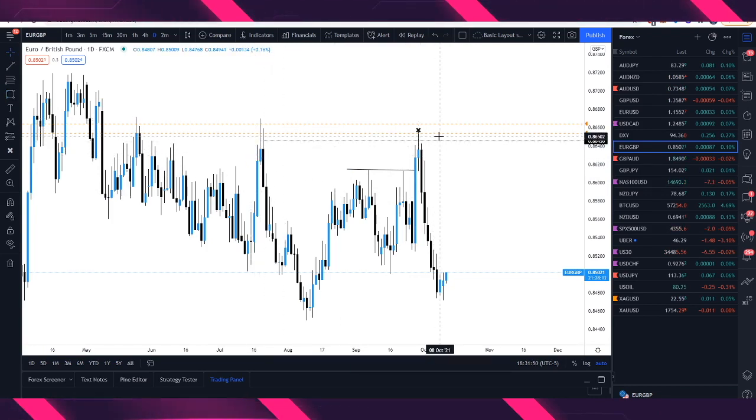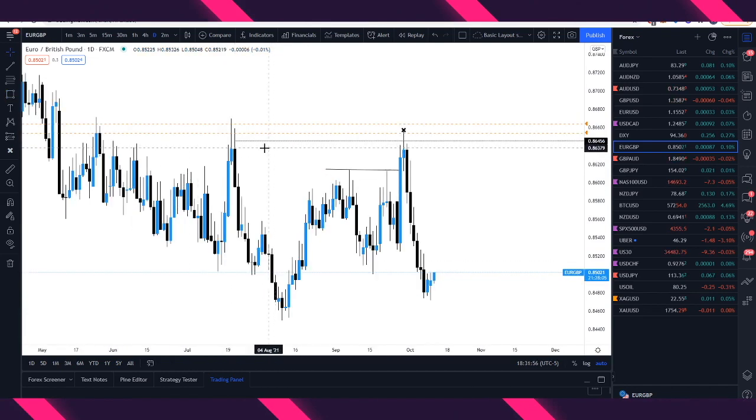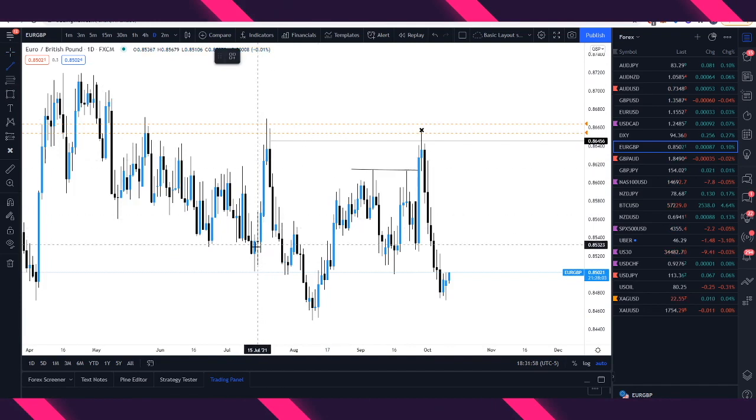All of that together. This daily candle right here was interesting because for some reason price, just like it did here, moved up fast. Price moved up quick into this area and fell.